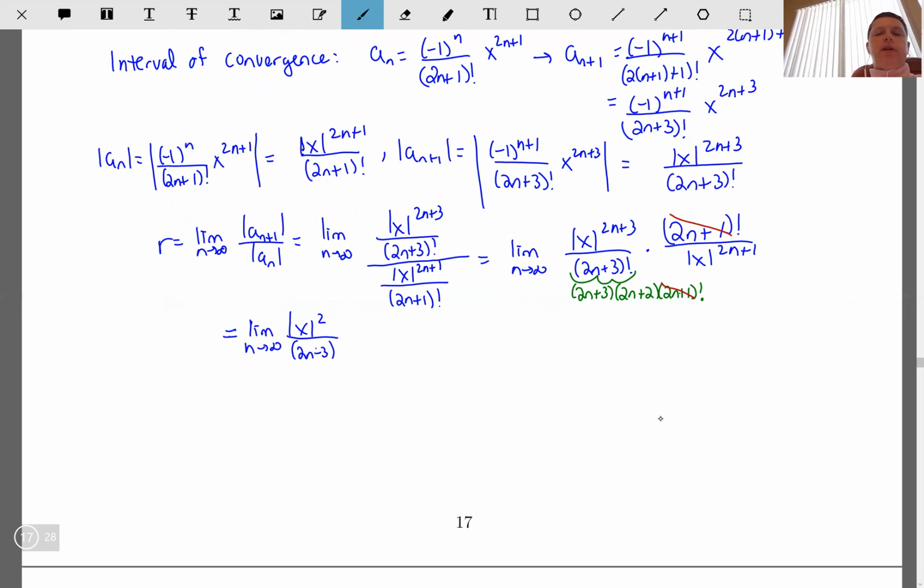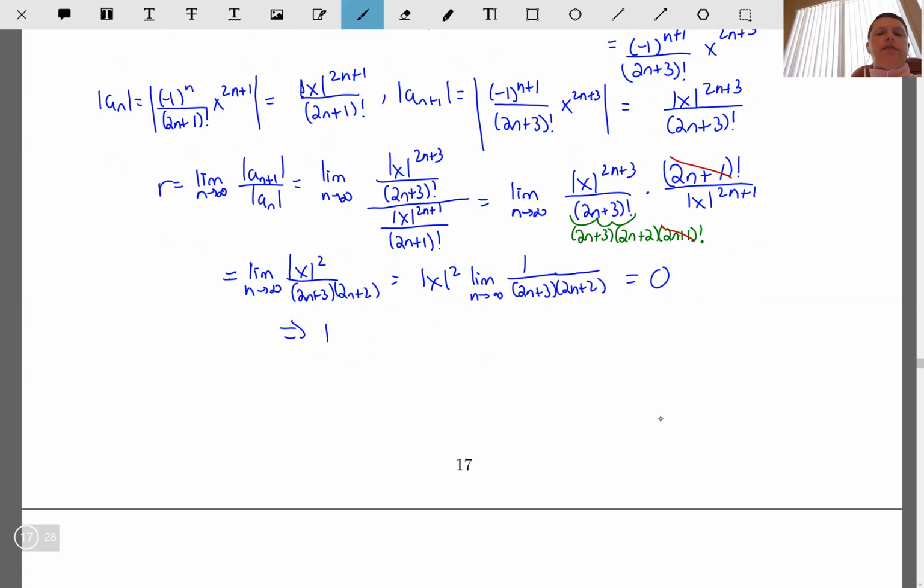Now, even if you take the absolute value of x squared, you could probably see that this limit is 0. So that tells me that the series converges for all x.